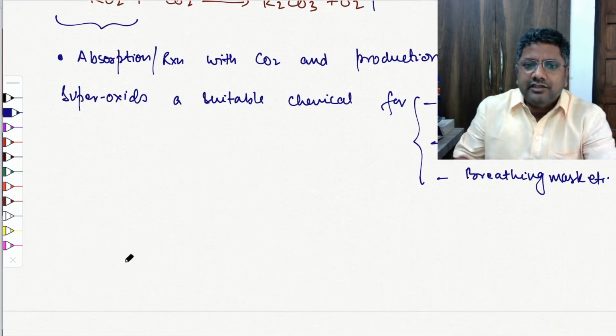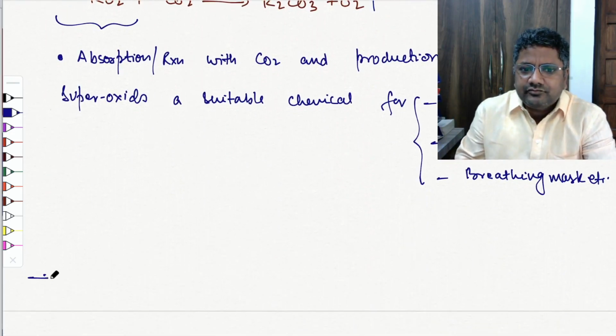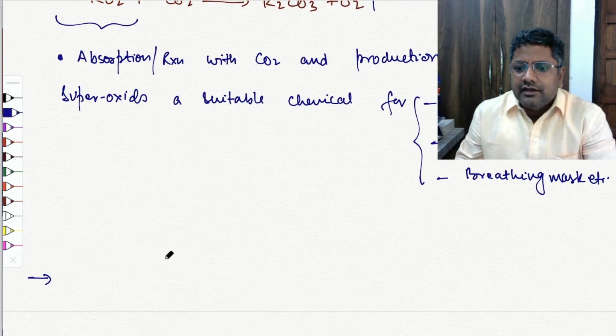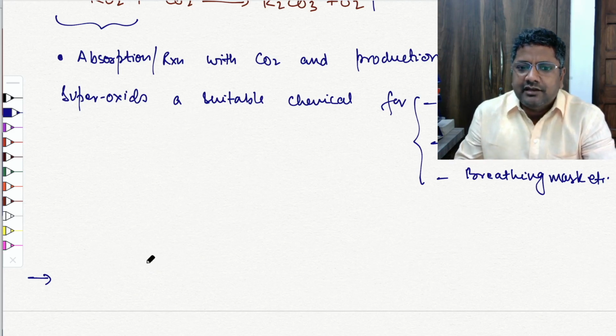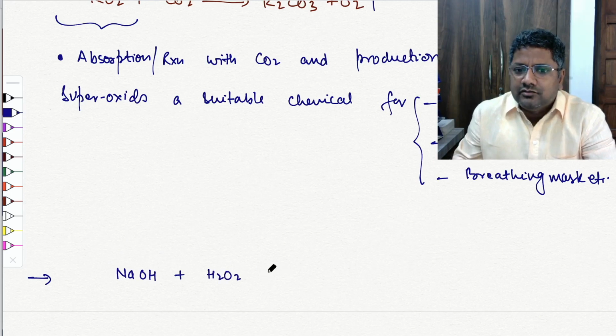So this is a little bit about superoxides, and now see peroxides. You can consider peroxides as dibasic, having two replaceable hydrogens. So if you take NaOH plus H2O2, this will give Na2O2 plus H2O.